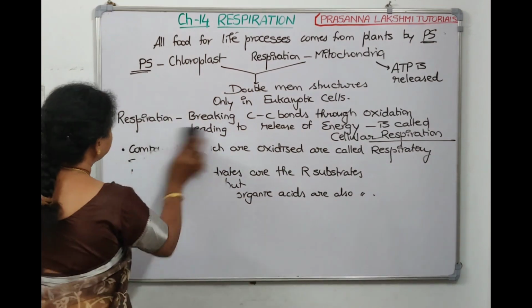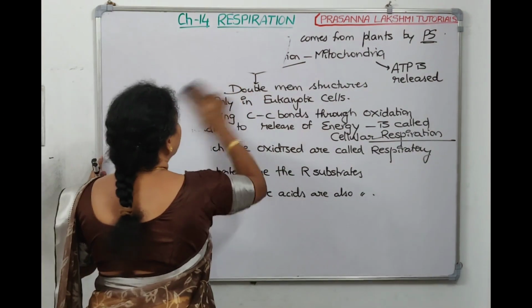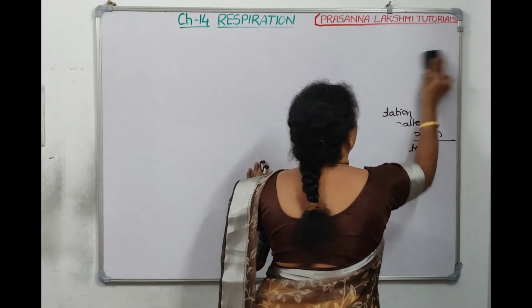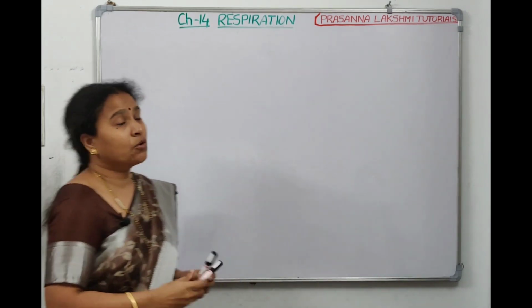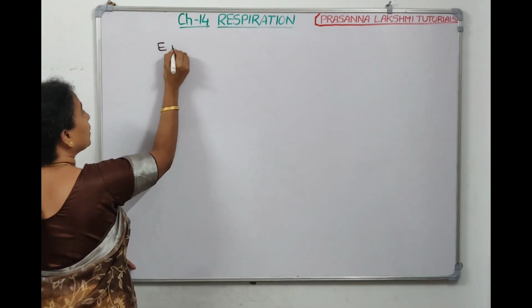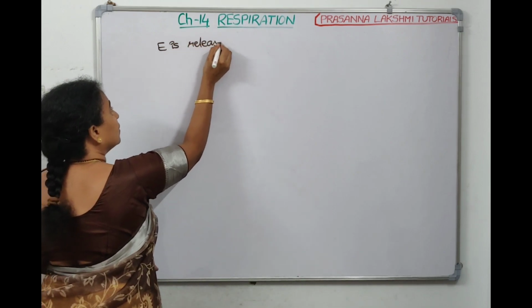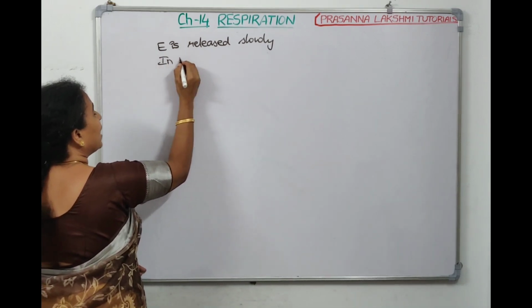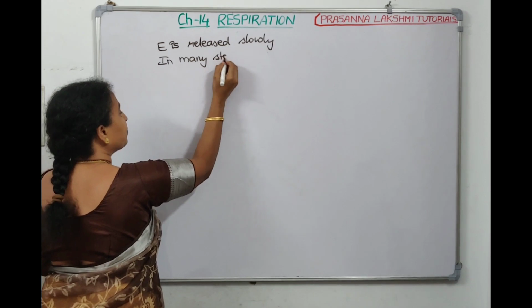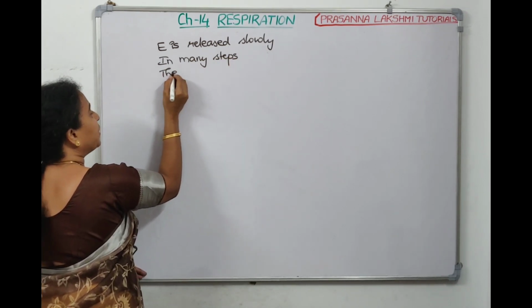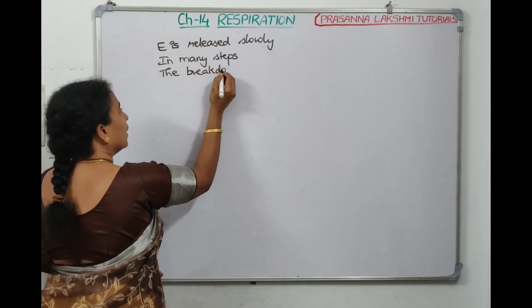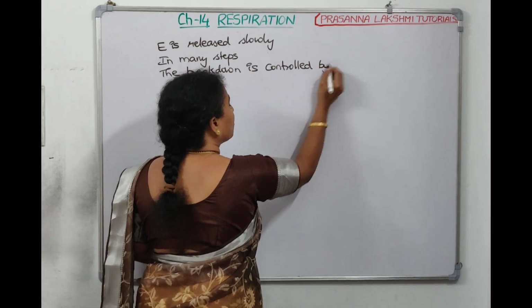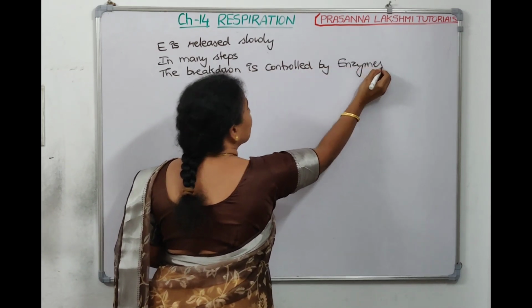So what are we telling? All the energy present in the respiratory substrates is not released into the cell directly. We are telling it is released slowly, and energy is released in many steps, and the breakdown is controlled by enzymes, so that means it is under control.